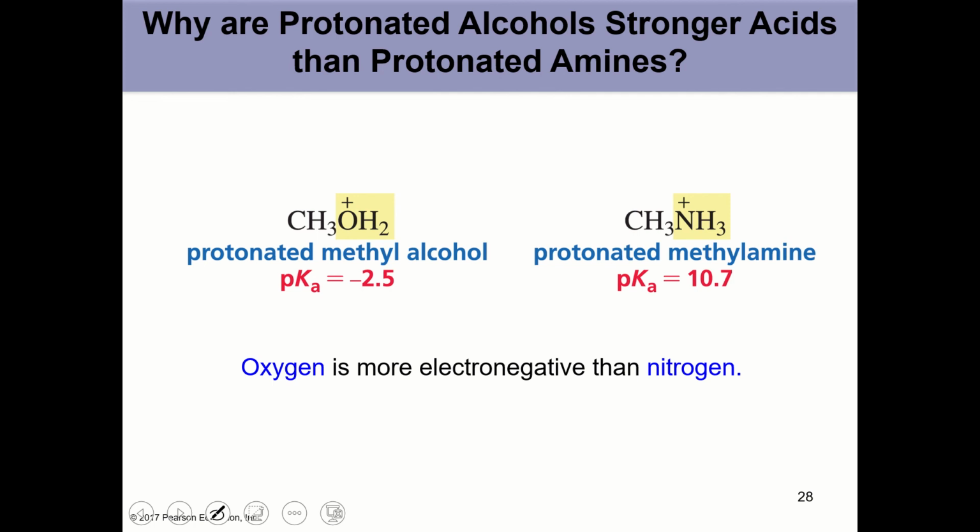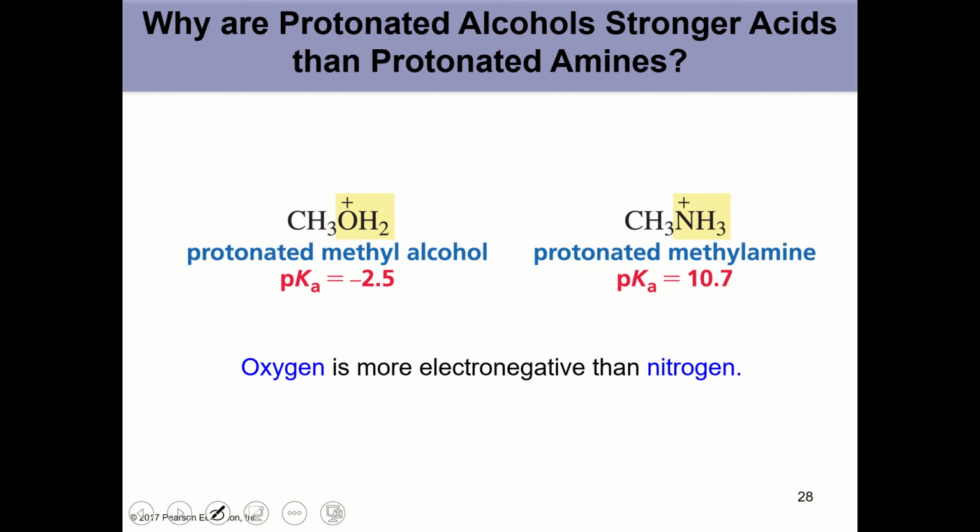The only difference between the two molecules being compared is the electronegative atom O or the electronegative atom N. We are not changing the number of carbons or hydrogens. Okay, we might change the number of hydrogens. So we're comparing OH2 to NH3.